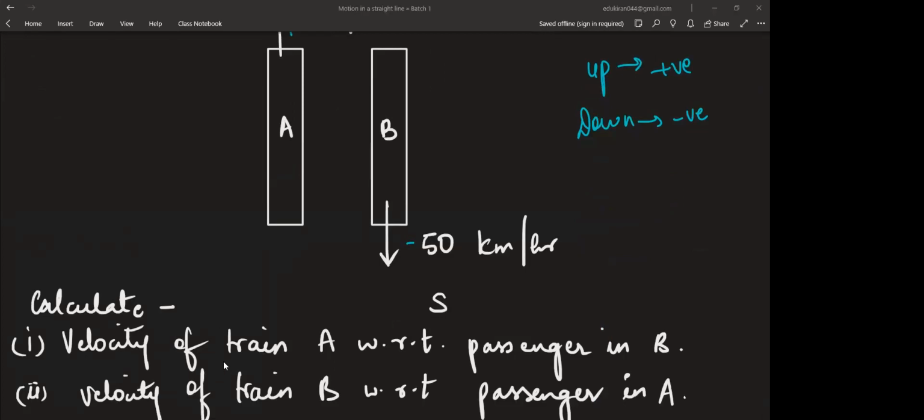At least tell the answers of these first two parts. These are very easy. Just subtraction.